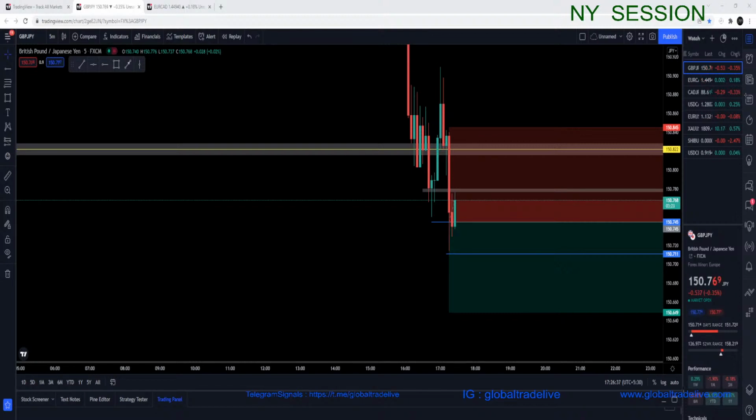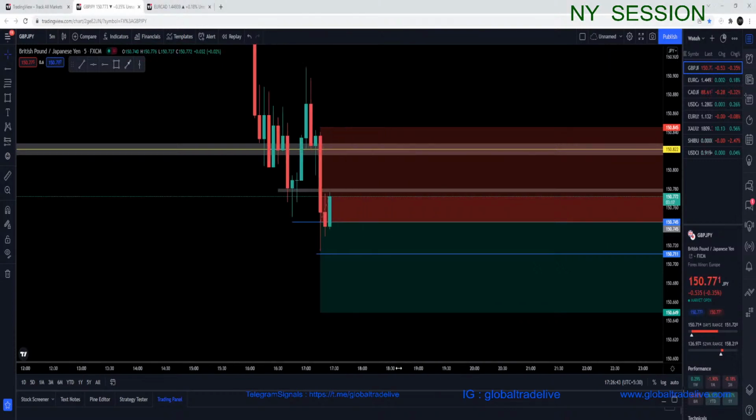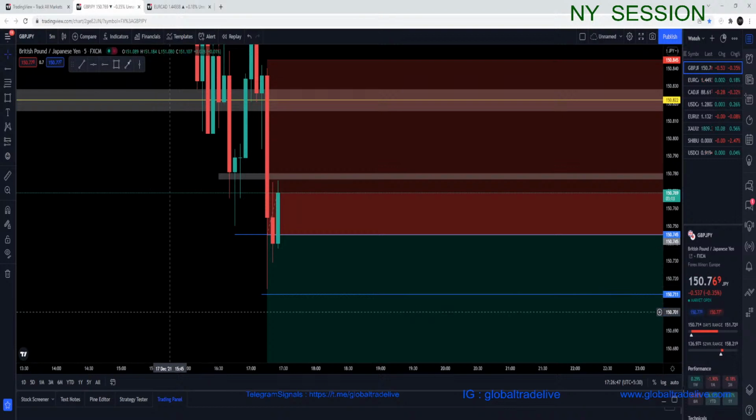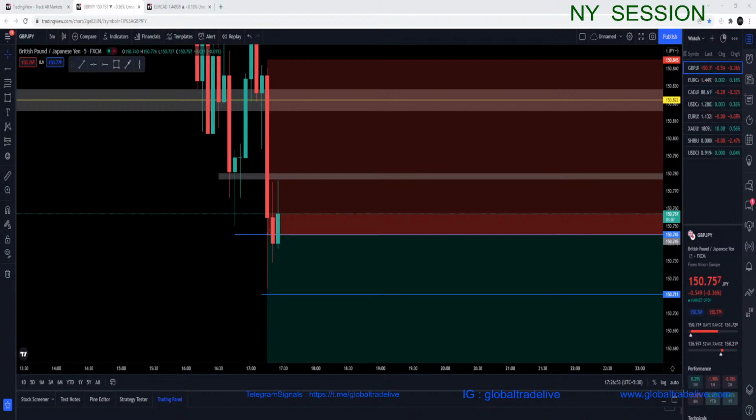Just closed half of the trade over here in 3 pips to manage the risk, because this 5-minute candle broke the previous candle's high. Need to cut my losses short. I just hope that this will reverse back and continue moving down.